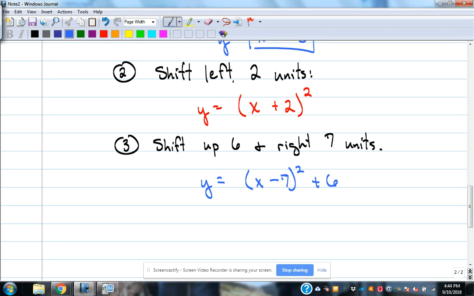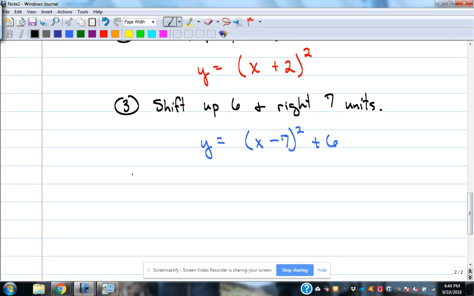Not a hard thing here. We're not going to get anything super complicated with this stuff. We're just looking to build some transformation ideas here. It's going to help us a little bit when we go to some stuff in chapter 4 and 5 with this. Number 4, going back to the original x squared. We're not building anything here. We're just going from there.